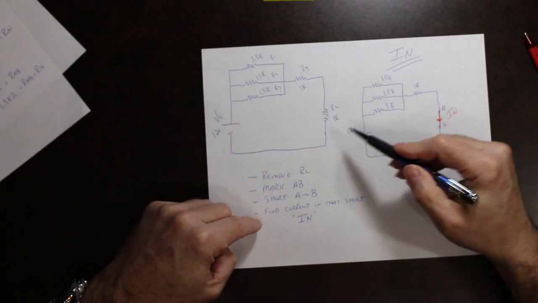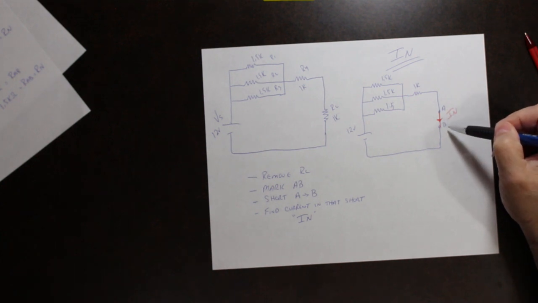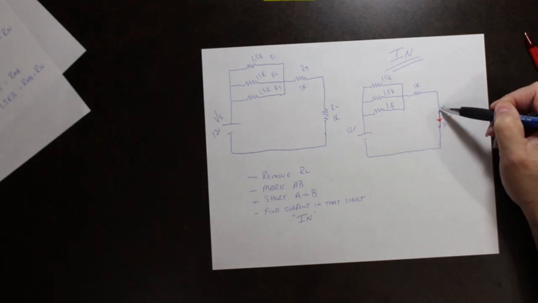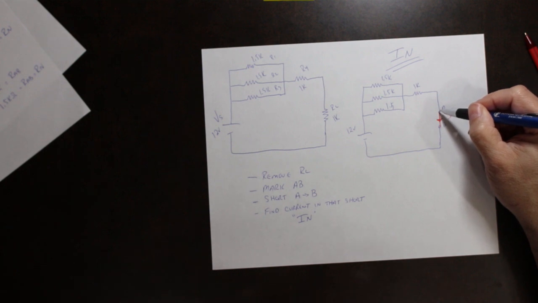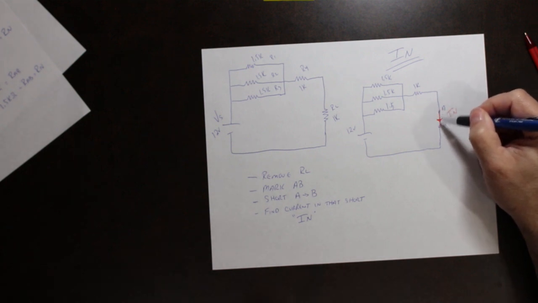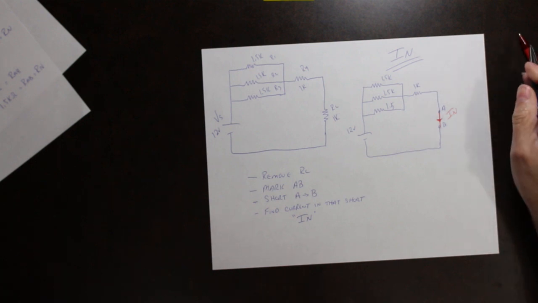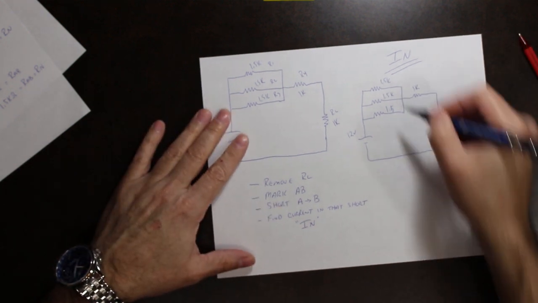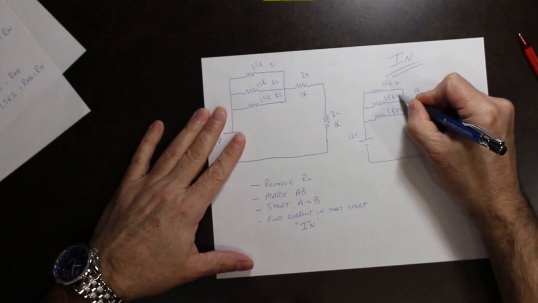So again, we've removed the load and marked it AB. We are now going to place a short between those 2 points. If we can find the current between those 2 points, whatever current is flowing through that wire, that is I Norton. In this particular case, we look at these resistors. This is R1, R2, R3.